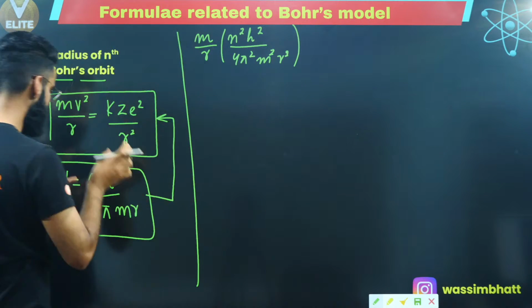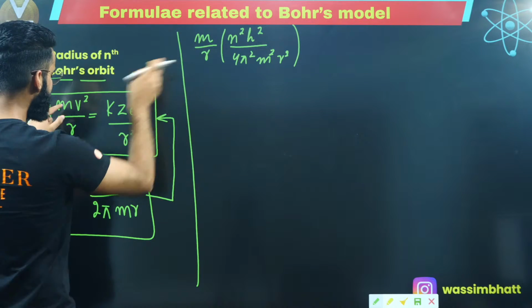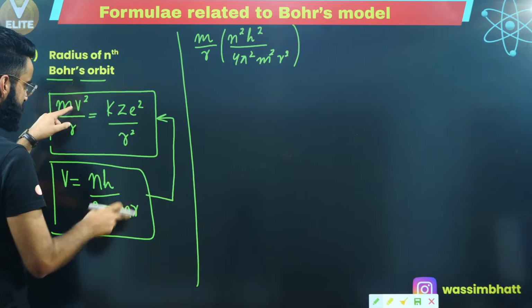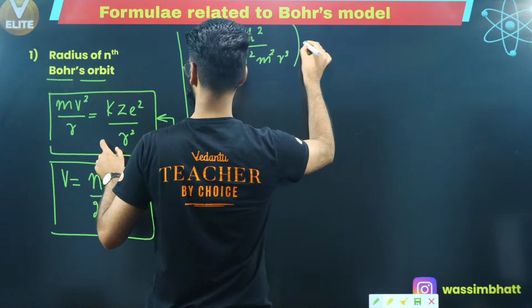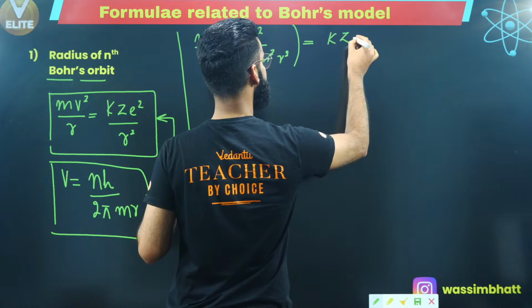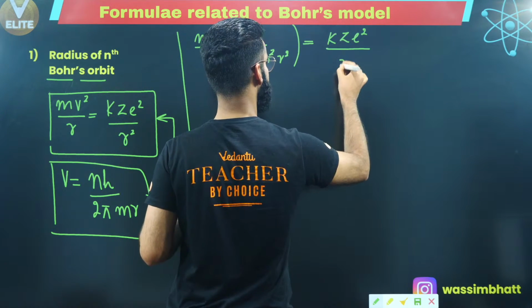I just wrote m by r in the beginning, then instead of v square, I wrote this, and that is equal to k z e square divided by r square.